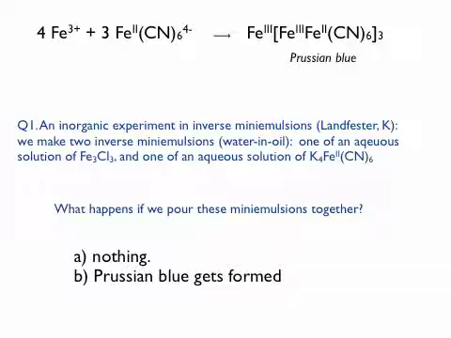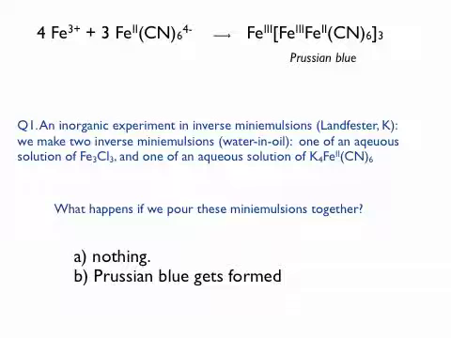So I'm going to make 2 inverse mini-emulsions. So water droplets dispersed in oil, so I use a surfactant that stabilizes this, and then in one of my water phases I have this FeCl3 as a salt, and the other one in a different jar, I've got K4, the potassium salt of this iron cyanide.